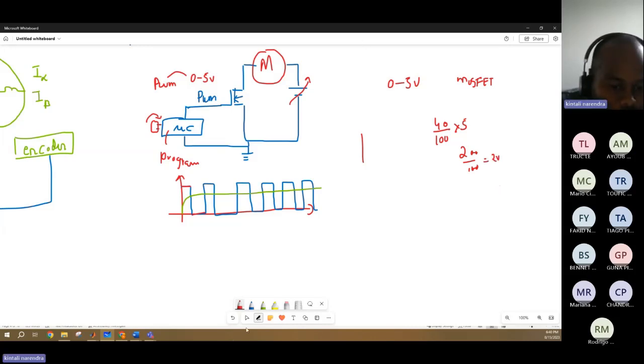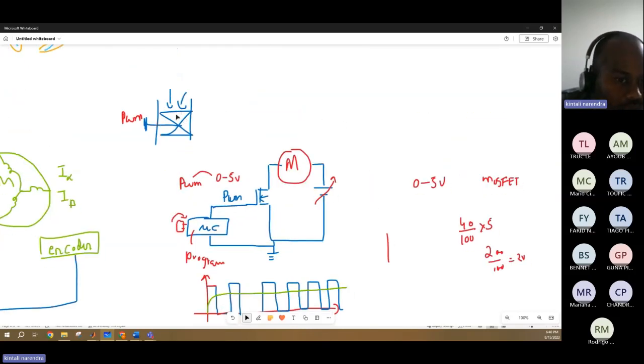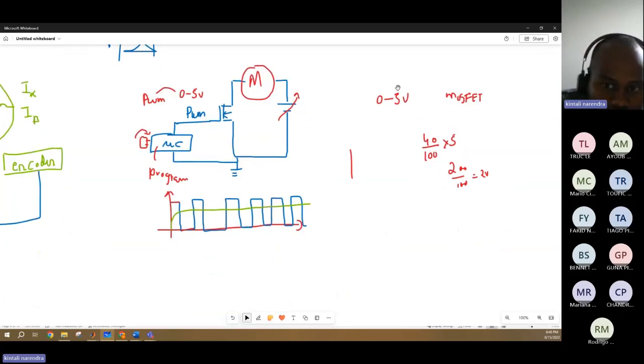So the valve will be open only 40 percent. Or if you apply 2 volts, the valve will open depending upon how much voltage you apply. For example, if you want 5 volts to pass through, then you give a PWM of duty cycle 100.